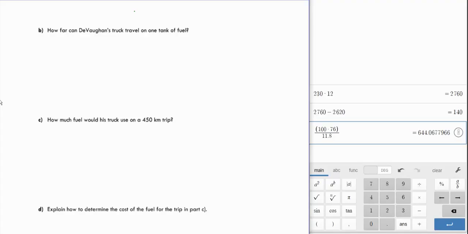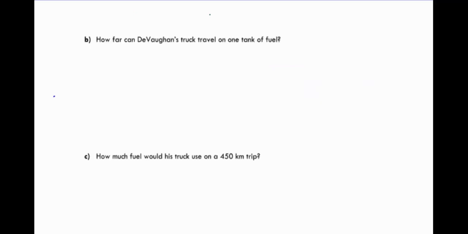Let's figure out how far Devon's truck can travel on one fuel tank. So I like to use a proportional statement anytime I'm doing problems like this. So we can say that blank to blank is equal to blank to blank. And we're saying liters per kilometer is equal to liters per kilometer.